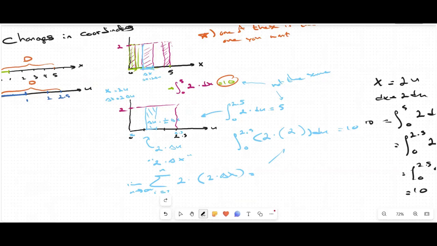And the way you put coordinates on the object is up to you, as long as you keep track of how sizes change when you switch from one coordinate system to another.